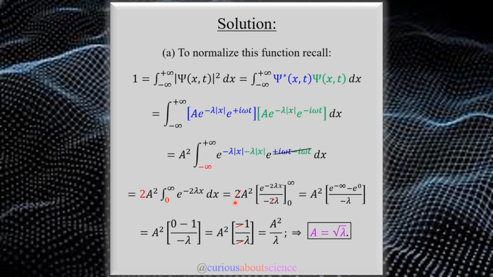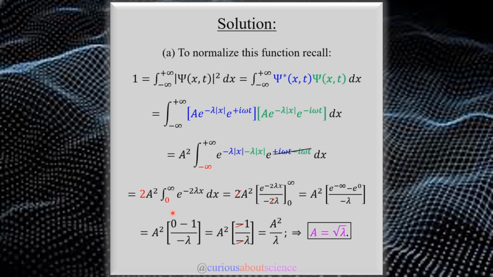The 2 from doubling the integral and the 2 in the denominator here cancel out. Wonderful. And then we evaluate the integral. So we have A squared times e to the negative infinity minus e to the 0 over negative lambda. Wonderful. Easy enough to deal with. This being an improper integral, of course, e to the negative infinity goes to 0, and that's what we end up with here.